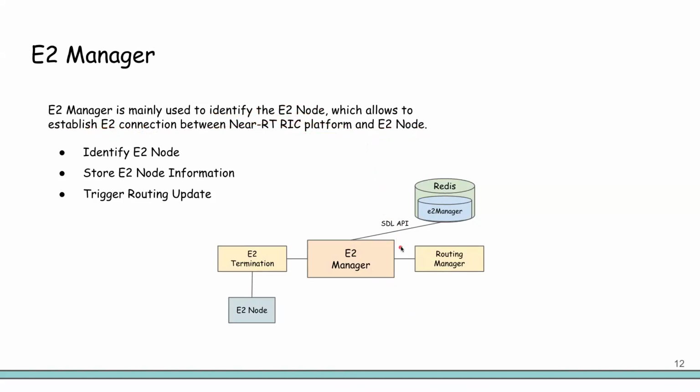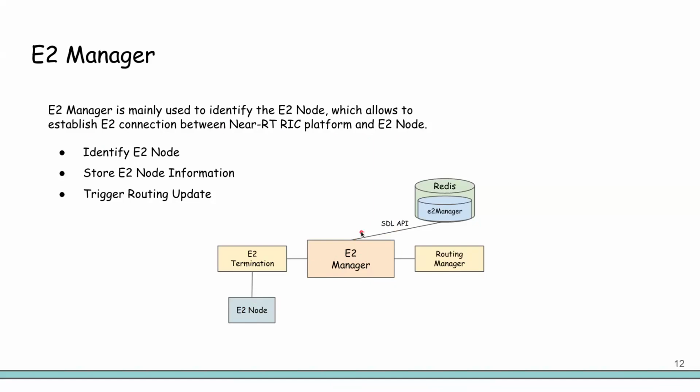The reason we want to identify is that if the Near-RT RIC platform or the xApp wants to communicate with the E2 node, we need to know who the E2 node is, and we need to find a routing path or communication path to send a message to the right E2 node.